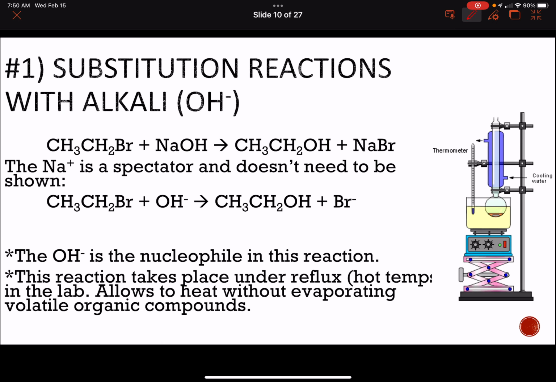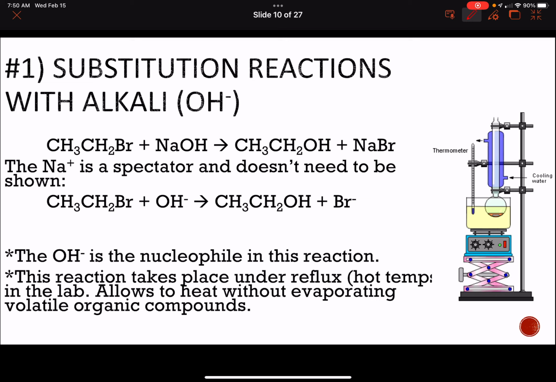So here's what we need to know. This is the first reaction for nucleophilic substitutions that you need to memorize: a halogenoalkane, when reacted with an alkali, which is a strong base, will undergo a substitution in water.